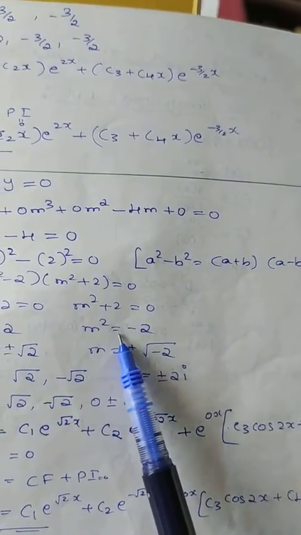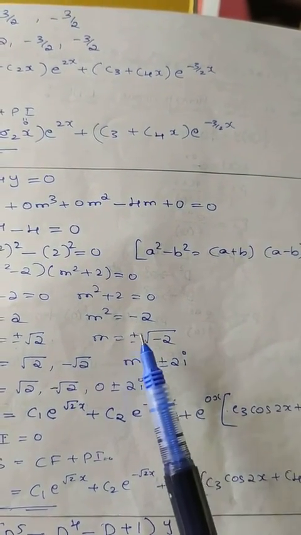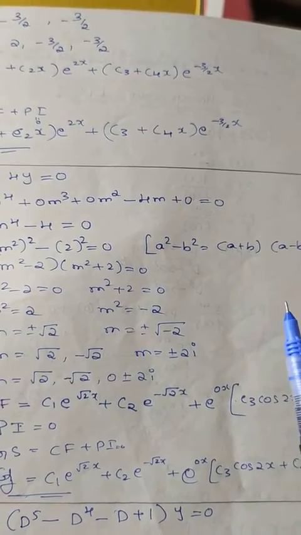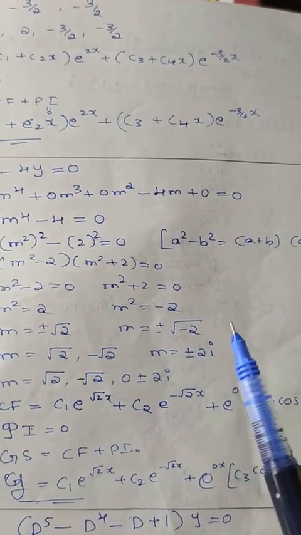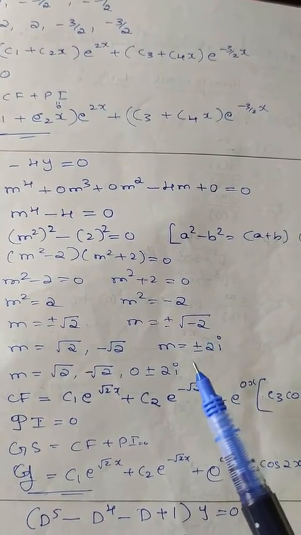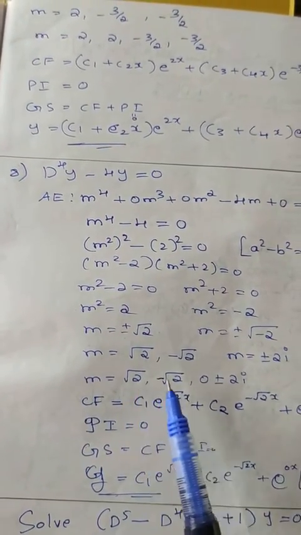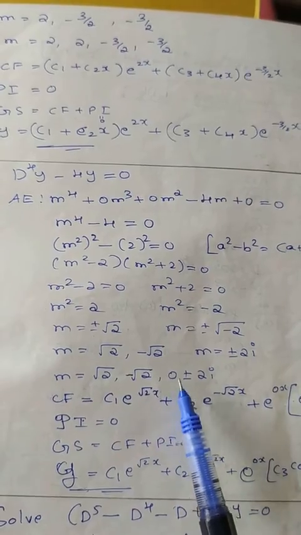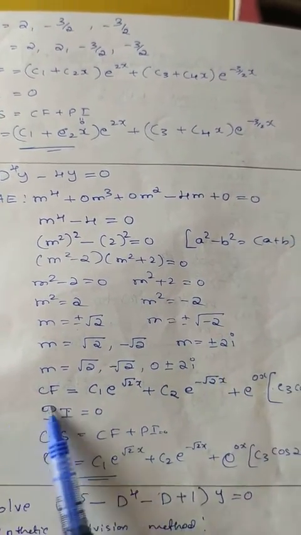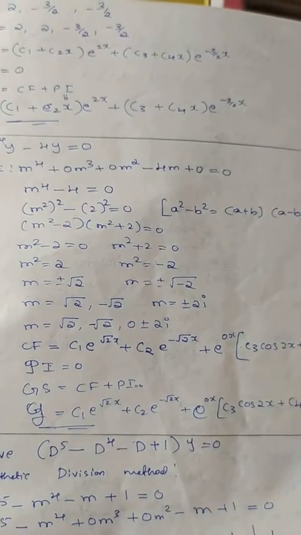Here, m square is equal to minus 2, m is plus or minus square root of minus 2, that is imaginary. Roots are root 2, minus root 2 and 0 plus or minus 2i. This is your solution. Phi is 0, write the general solution.